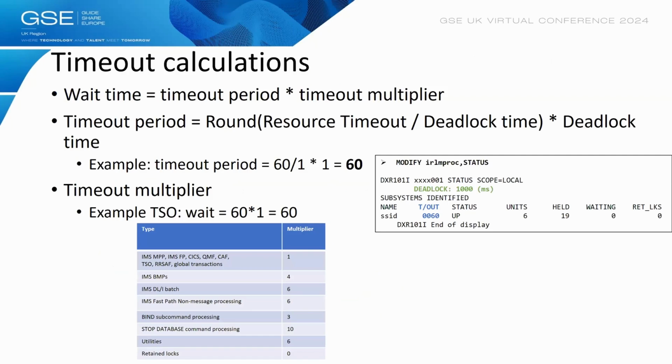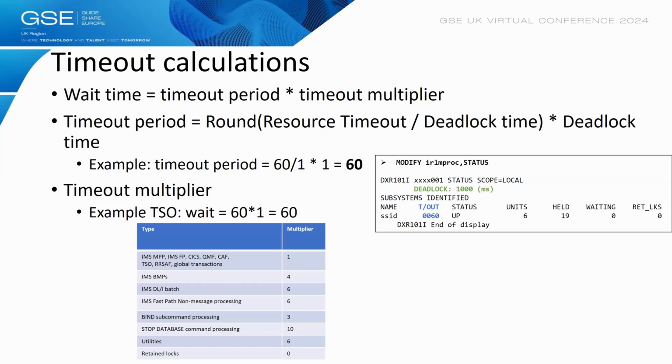The actual wait time is based on this calculation. The wait time is equal to the timeout period multiplied by the timeout multiplier. For us, it doesn't matter that much. The timeout period really is the rounding, so that it always goes in the deadlock time intervals, so that we always have these deadlock cycles, and the timeout multiplier actually depends on the type of the request.